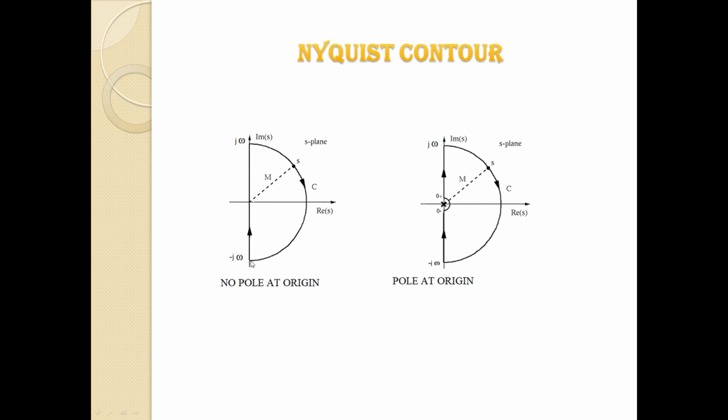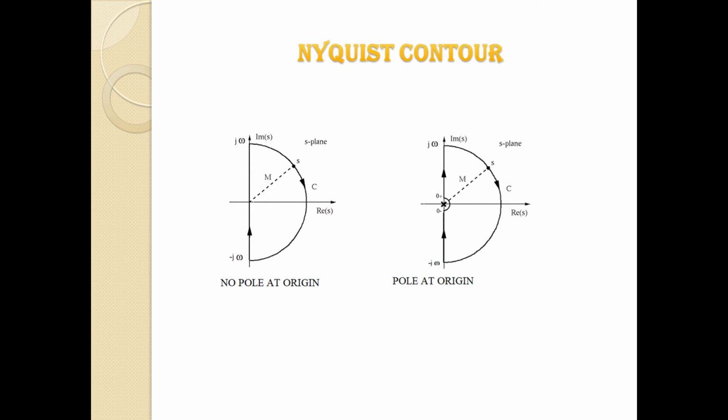For mapping of this section 2, we will consider r e to the power j theta, where r tends to infinite. And for the last section, section 3, omega is varying from minus infinity to 0, and it is the mirror image of section 1.